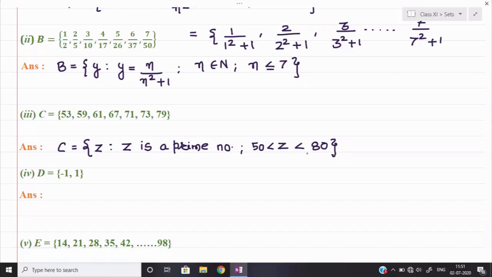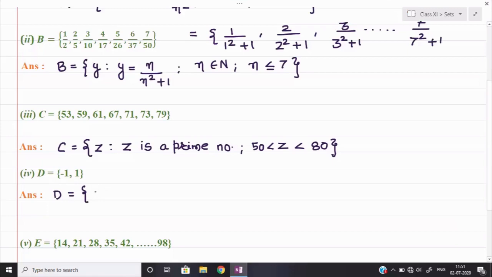Right? Now see part D. In this part they are saying the values will be -1 and 1. So here we need to describe the property in such a way that only these two elements should come. So it can be done by a quadratic equation.